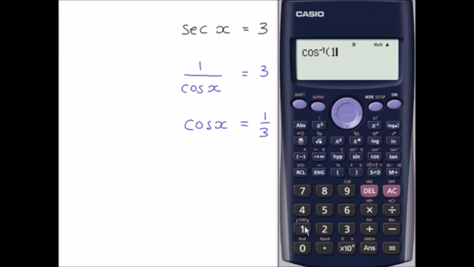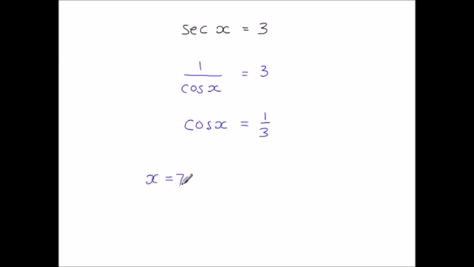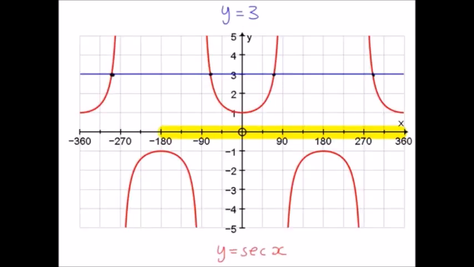So inverse cosine of a third is equal to 70.5 degrees. So x is equal to 70.5 degrees. And on our sketch here, that angle is this one here. So that's 70.5 right there. And by symmetry, because the secant graph here is perfectly symmetrical about the y-axis, if that's 70.5, then this one here will be minus 70.5.